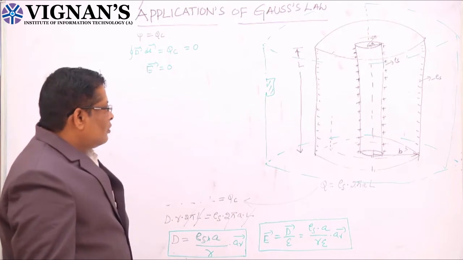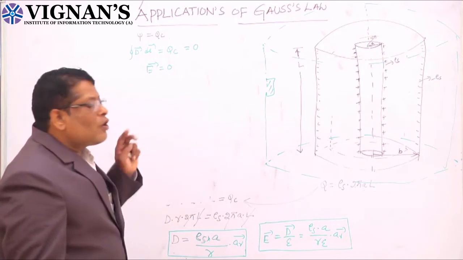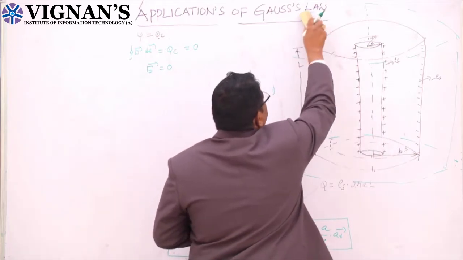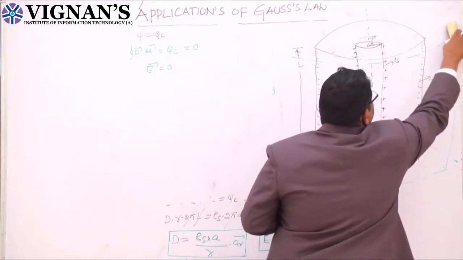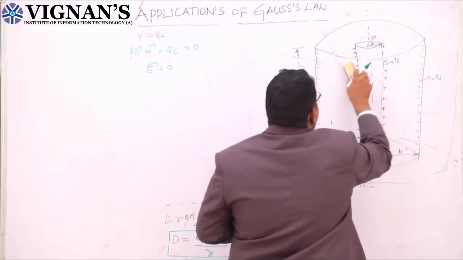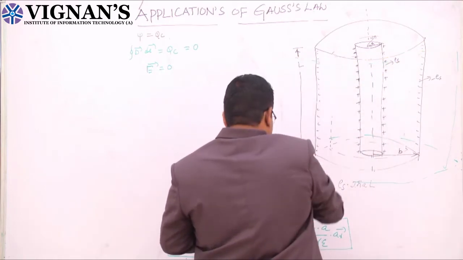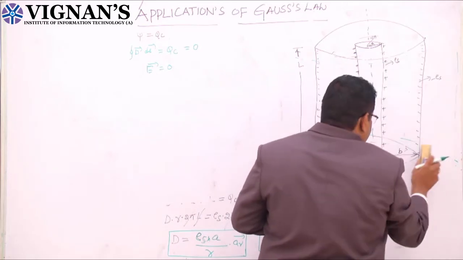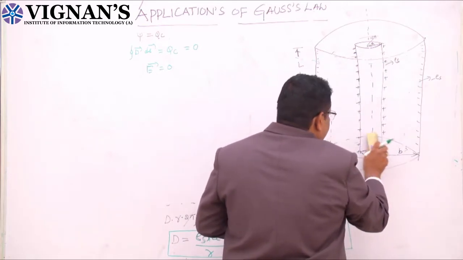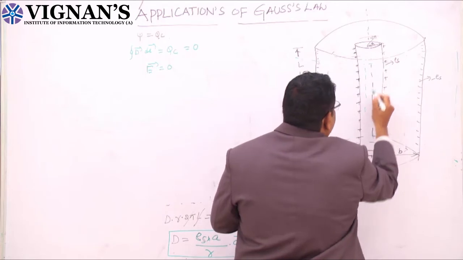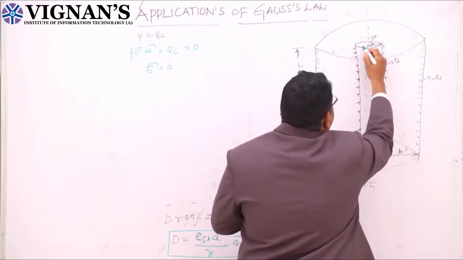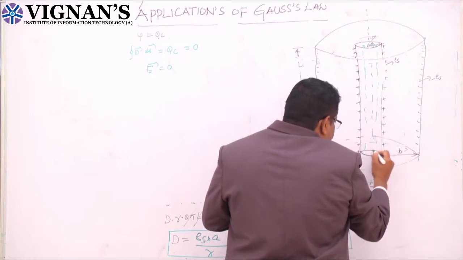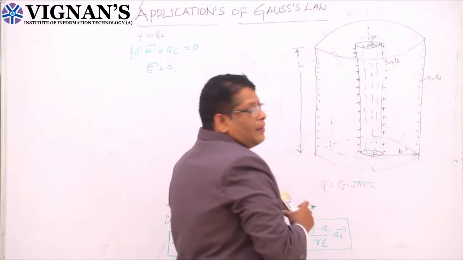Now suppose we want to find the electric field intensity inside the inner cylinder, in this area. Again, no charge is enclosed by the Gaussian surface, so the electric field intensity inside becomes 0.